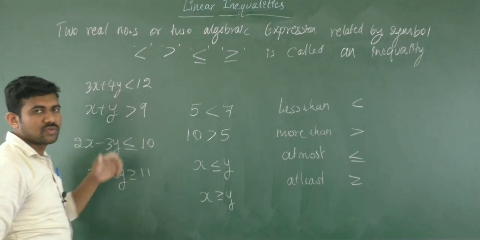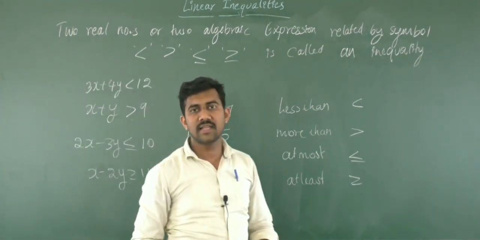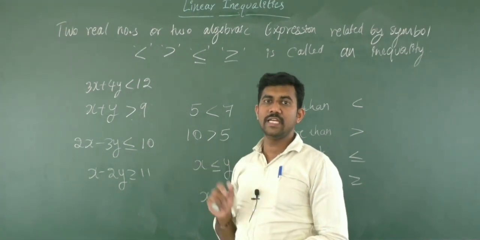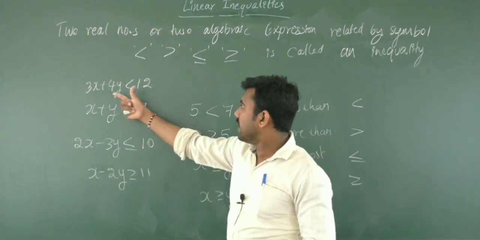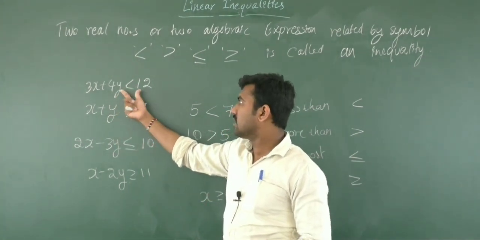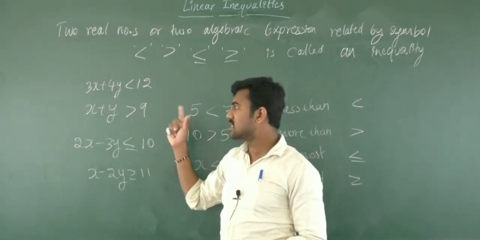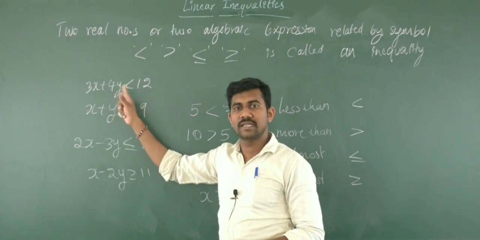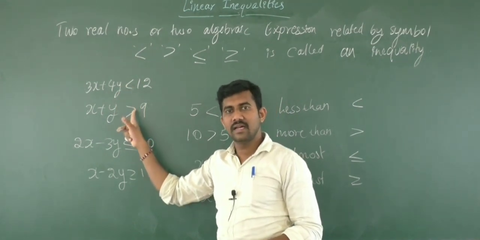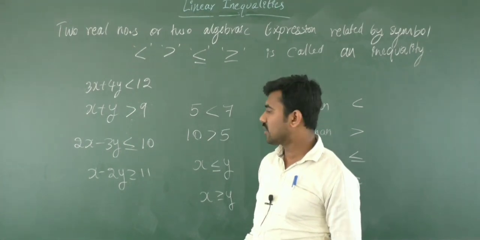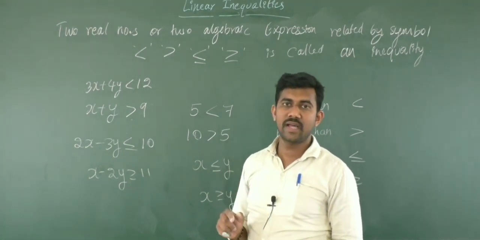So these four are examples of inequality or inequation. The expressions containing algebraic expressions or real numbers related by the symbol less than, greater than, less than or equal to, or greater than or equal to are called an inequality.